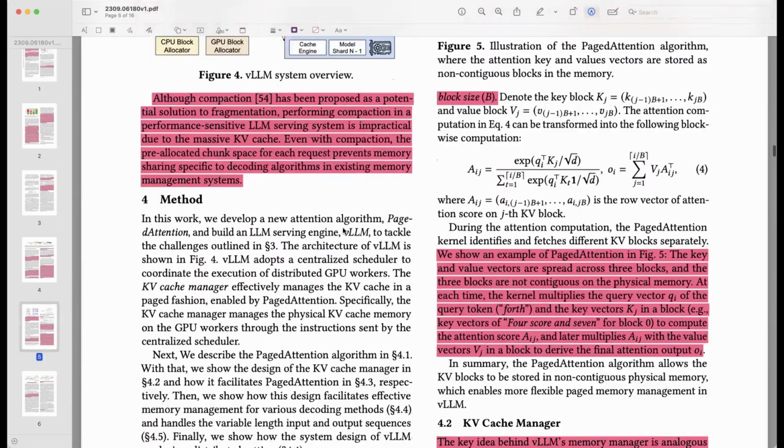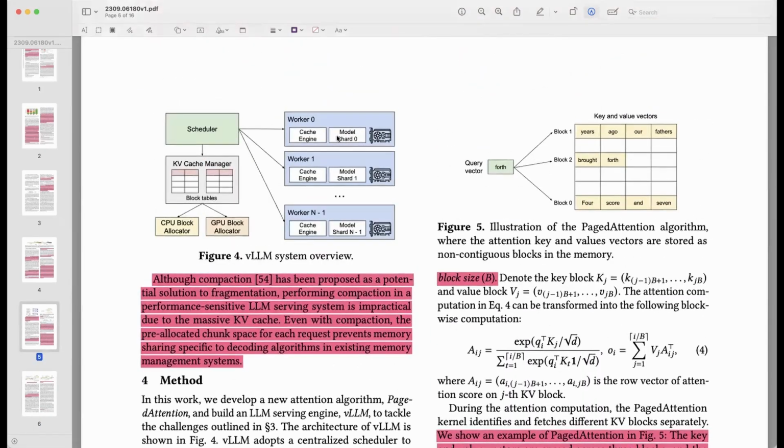Let me go back to this example. If you shard the model n ways, then for this particular shard, the KV cache on this GPU would store all the KV cache values for a token together, and it would call it one token, and then n tokens form a block.